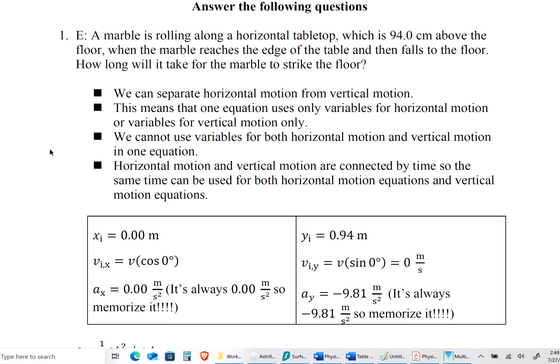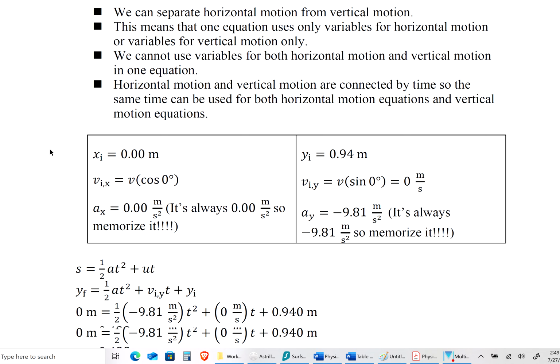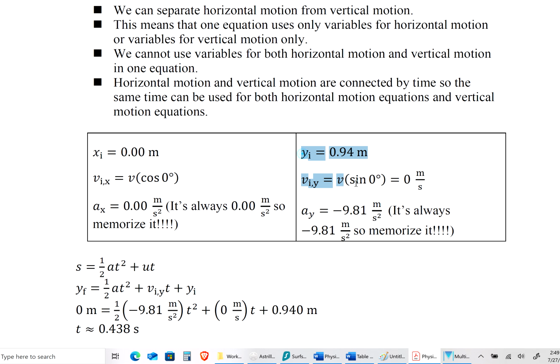For number 1, we want to know how long it takes for the marble to reach the floor. So let's take a look at these variables here. Y initial is 0.94 meters, V initial y is 0 meters per second, and acceleration y is minus 9.81 meters per second squared, because I'm saying positive y is up, negative y is down.